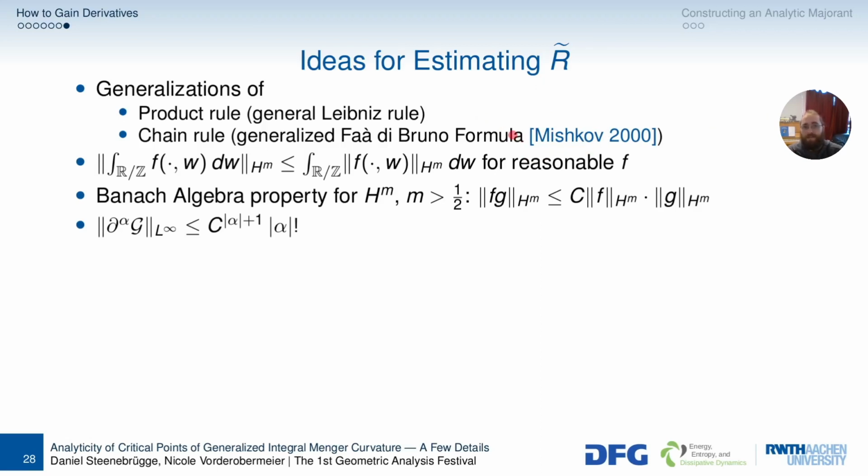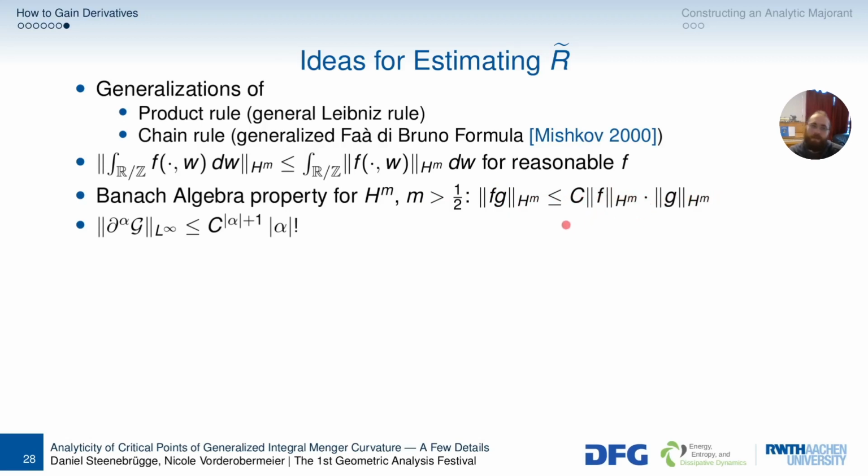Okay. And if we have these formulae and we know that we have a triangle inequality for integrals, even if we use the Hm norm, this has to do with Bochner measurability, and we have the Banach algebra property for Hm, at least if m is greater than 1/2. This means that the product of f and g in the Hm norm can be bounded above by the product of the norms times some constant.